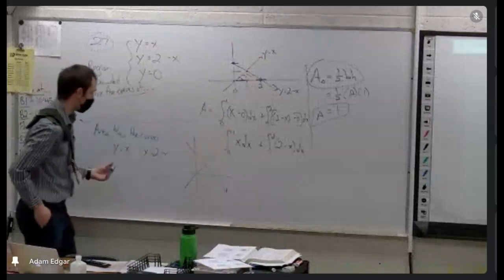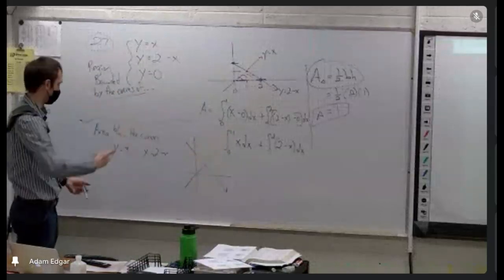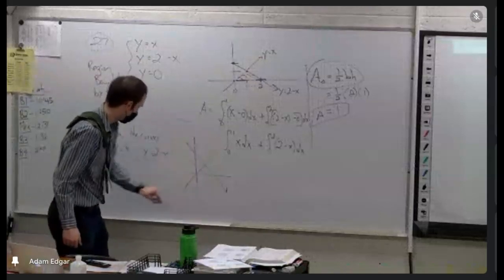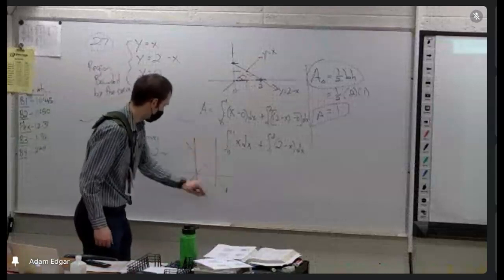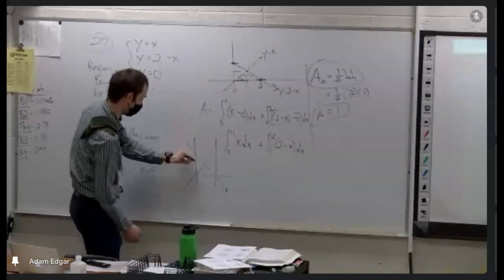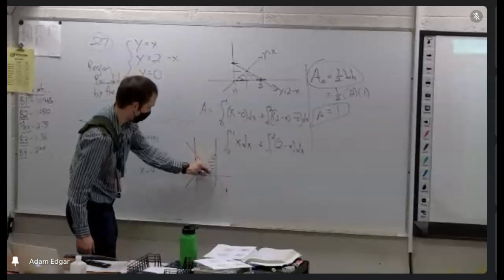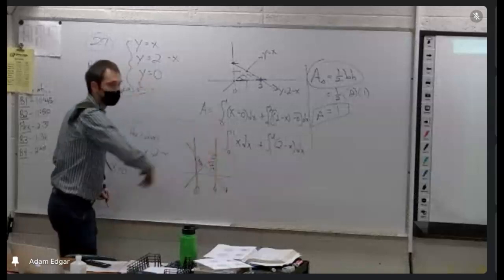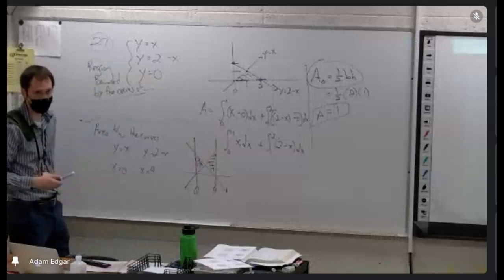So they would have to tell us a beginning and an end. They might say x equals 0 and x equals 4. Then the area between is between the 2 lines, and 0 and 4 for x give us a beginning and an end. So wording matters, which is kind of tough.